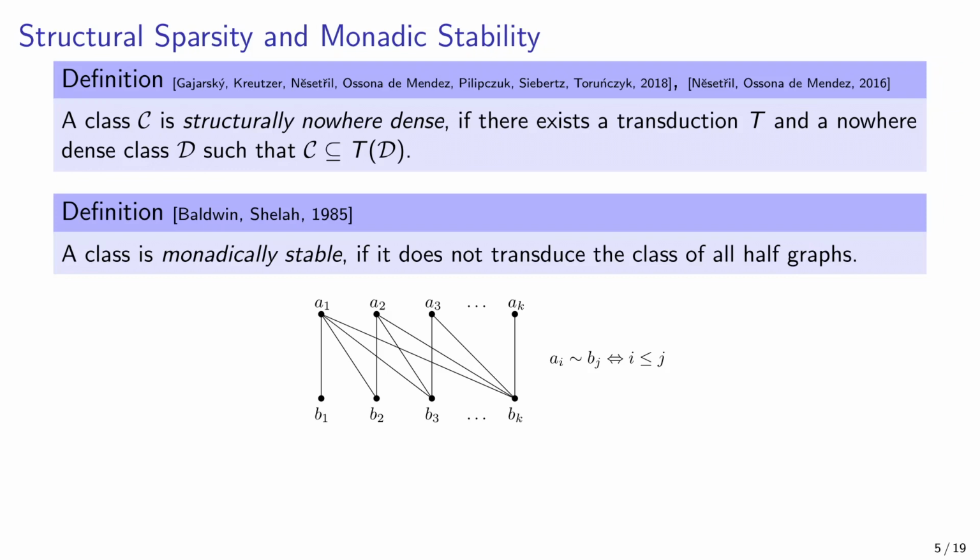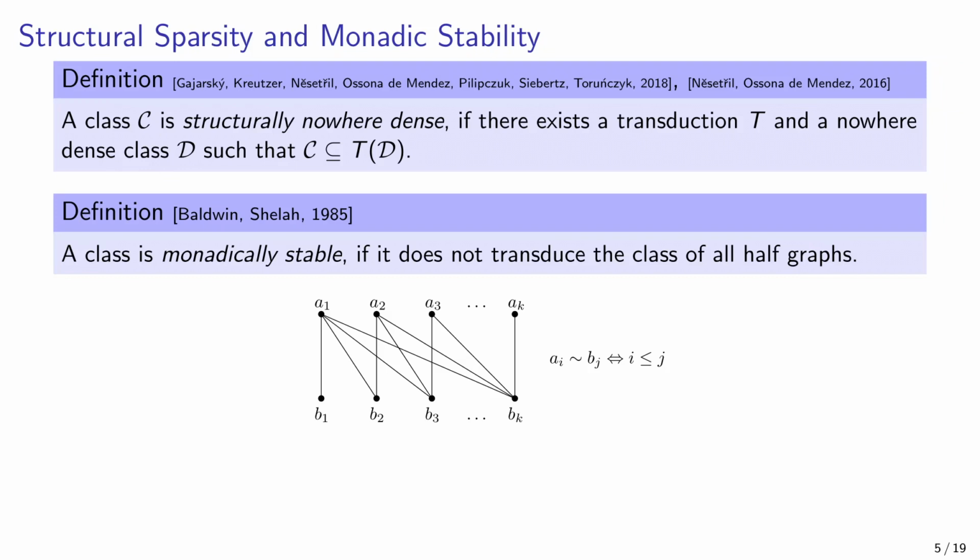And instead of saying we transduce from something simple, we say we cannot transduce to something complicated. And we say a class of graphs is monadically stable if and only if it does not transduce the class of all half-graphs. So what is a half-graph?